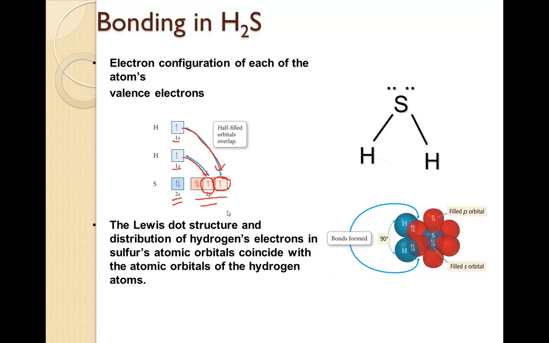The Lewis dot structure and the distribution of hydrogen's electrons in sulfur's atomic orbitals coincide with the atomic orbitals of the hydrogen atoms. So the 1s orbital overlaps with the 2p, as you can see right here, to make 2 electrons spin in opposite directions. That's the signification of the arrows going up and down.